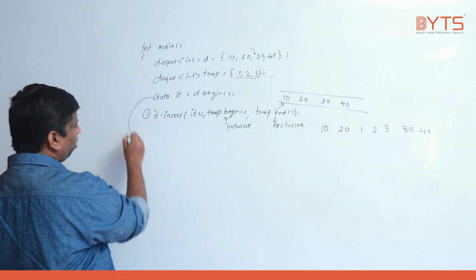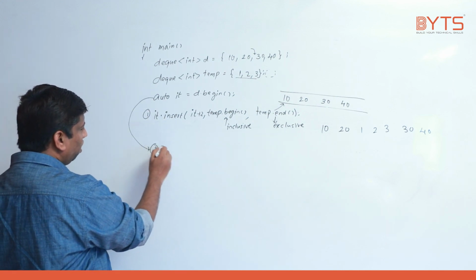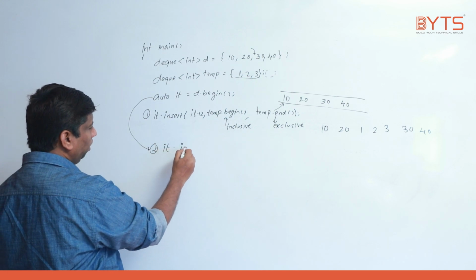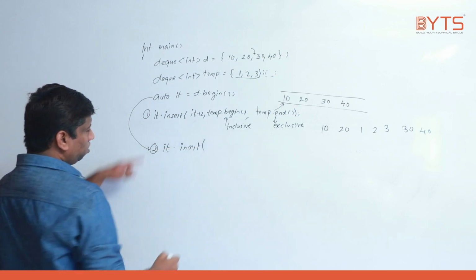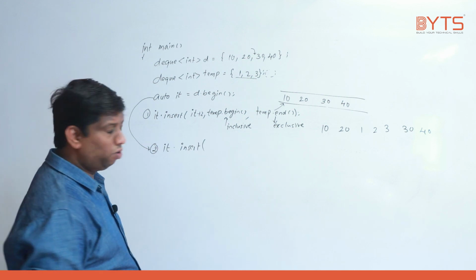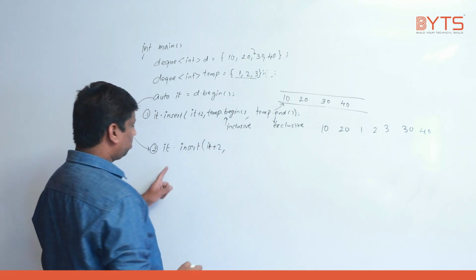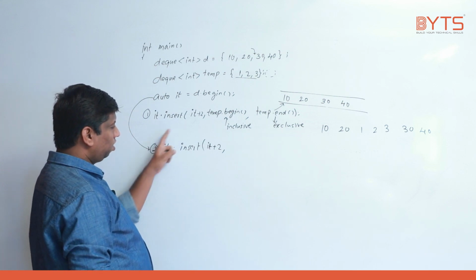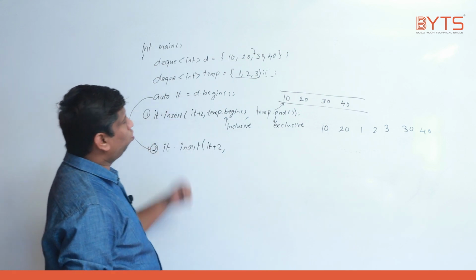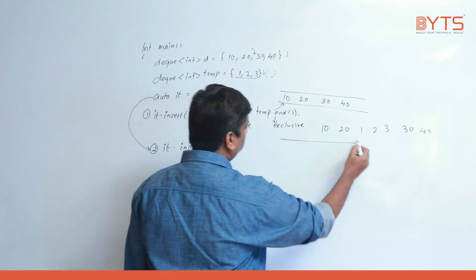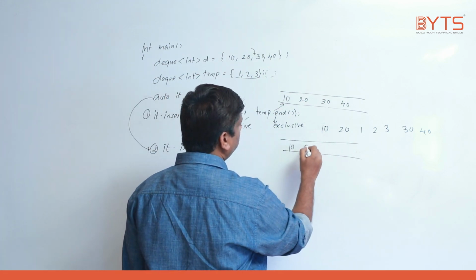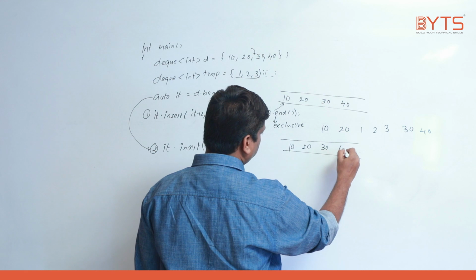Let us take the second thing, it.insert. This is a separate program, understand? Okay, fine, it plus 2. First we will understand which way it is pointing, in which DQ. This is my DQ: 10 is there, 20 is there, 30 is there, 40 is there.